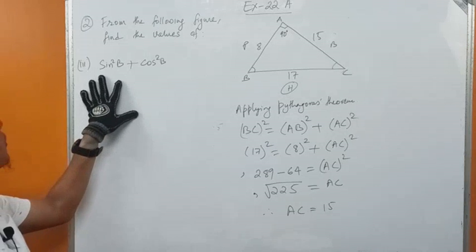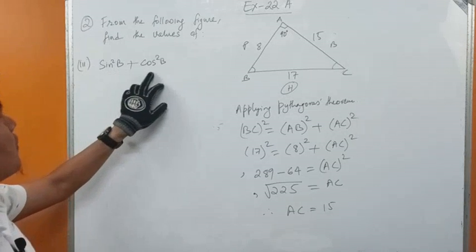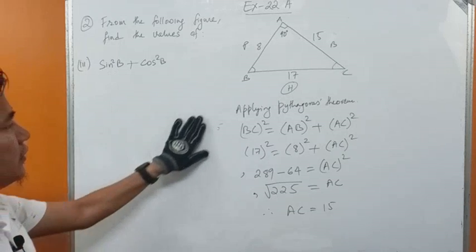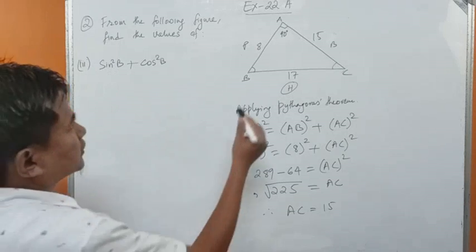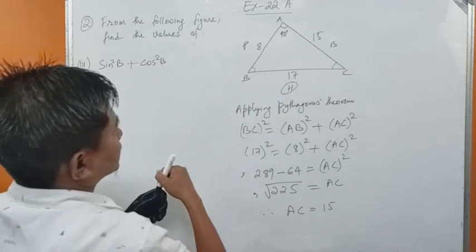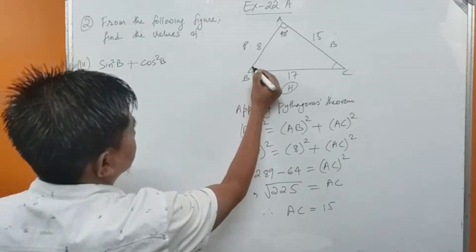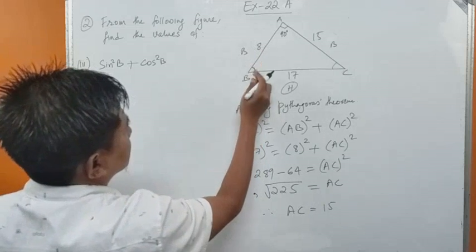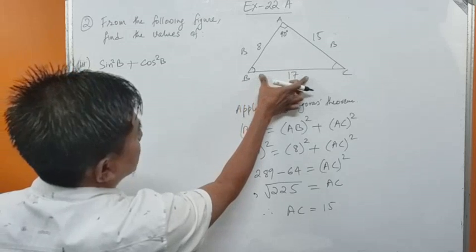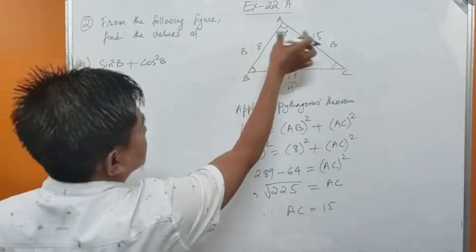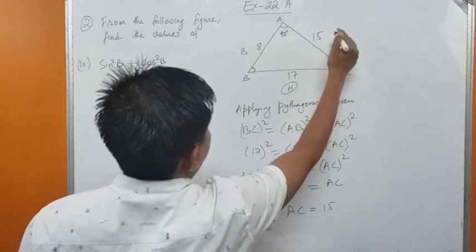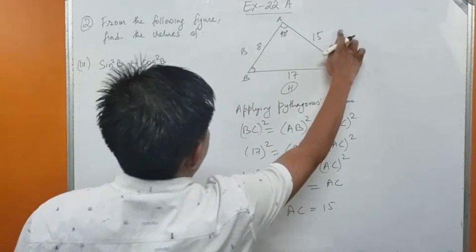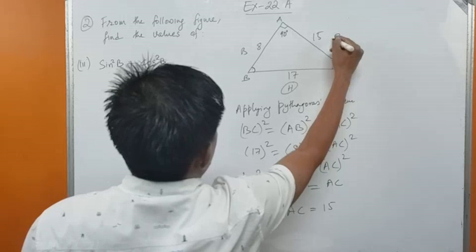Now let us do question number 3 of 2, sin square B plus cos square B. Okay. So now we are talking about angle B. This is always the hypotenuse. This becomes base. This becomes perpendicular.